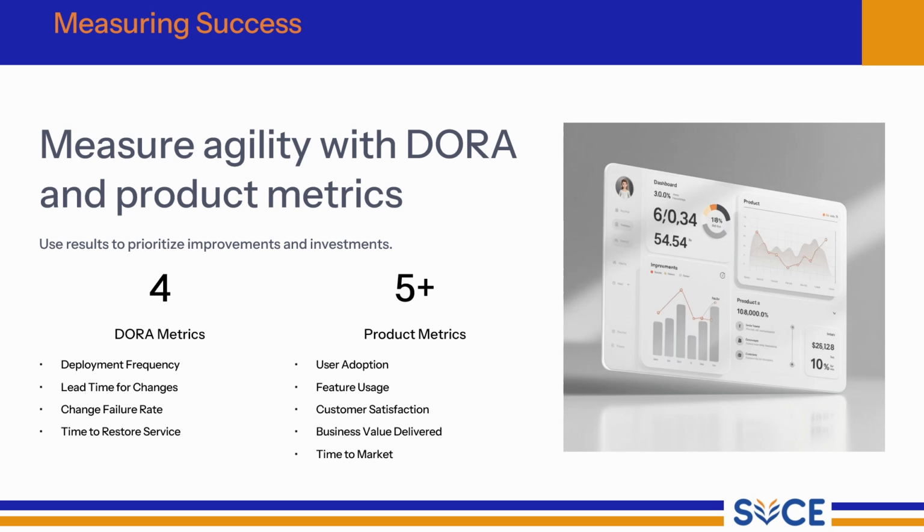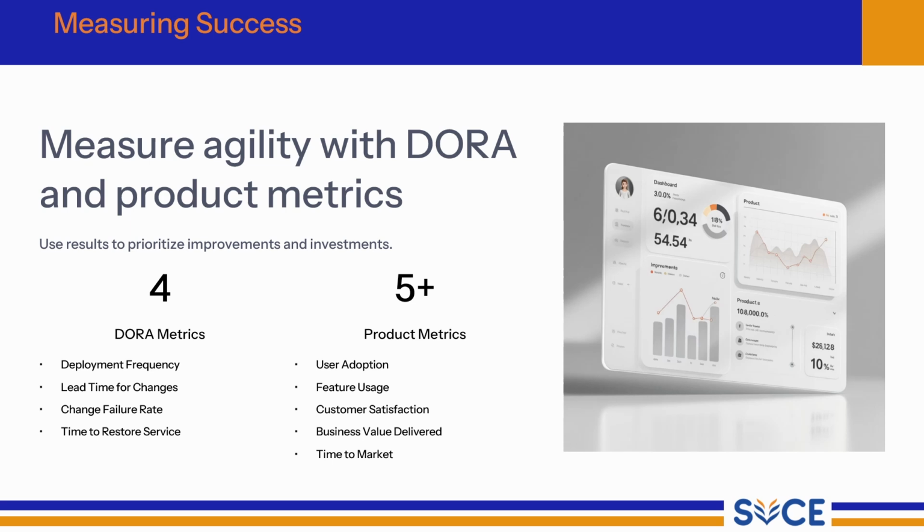And the fifth one is product metrics, that is user adoption, feature usage, and customer satisfaction, business value delivered, and time to market. So the product metrics shift focus from just delivery to impact.